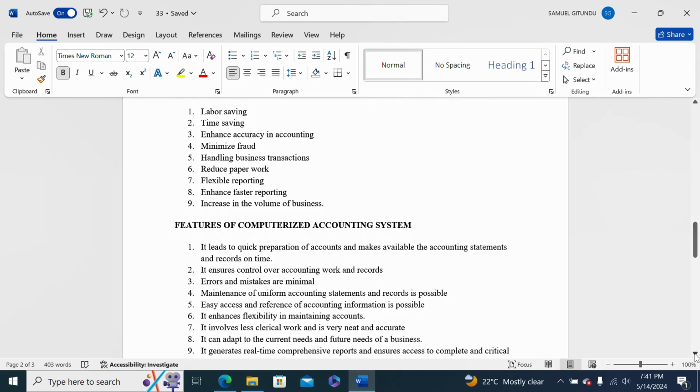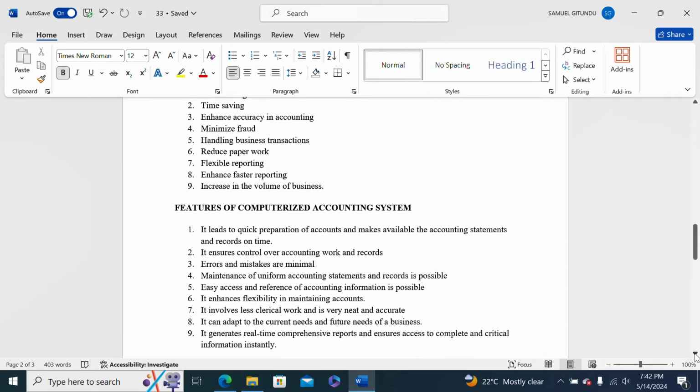If a new technology comes and a new software is introduced in the business, then all you need, if you have computers, is just to install the new software and start working with it, which makes it possible to adapt to the needs of the emerging business.